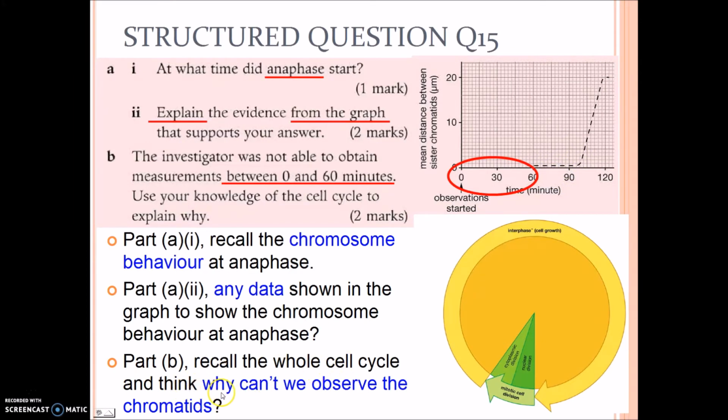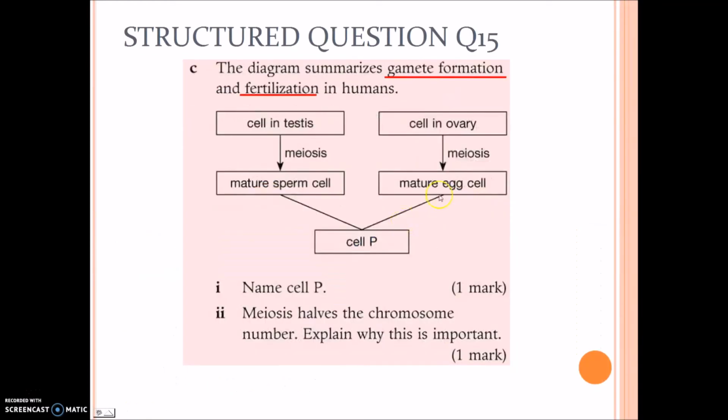Think about why the investigator cannot observe the chromatids. The point is that they cannot obtain any measurement between 0 and 60 minutes. So what is the cell doing, apart from the anaphase, before that, from 0 to 60 minutes?